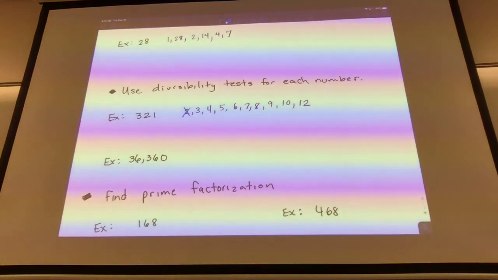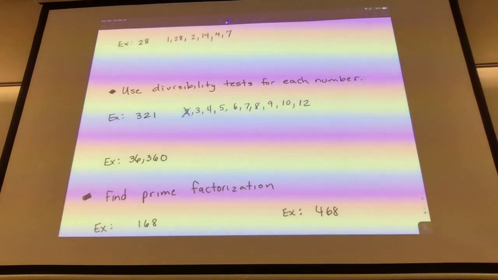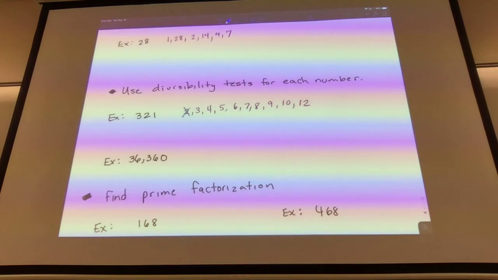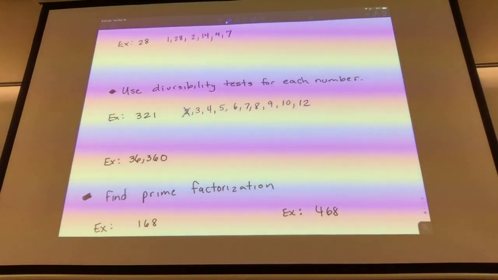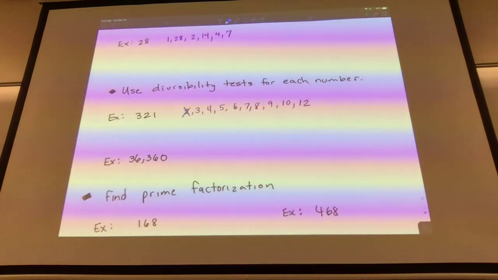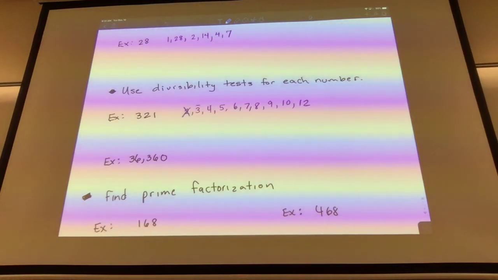What about 3? Yes, because it says the sum of the digits, so let's add them up. 3 plus 2 is 5, plus 1 is 6. So when I add all the digits up, I get 6. And then my question is, is 6 divisible by 3? And since we say yes, we say 321 is divisible by 3.